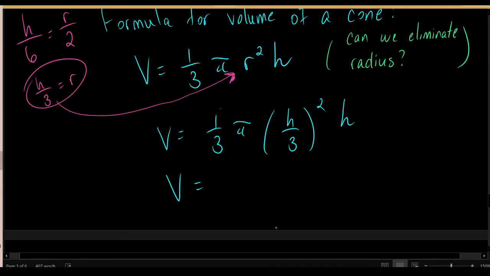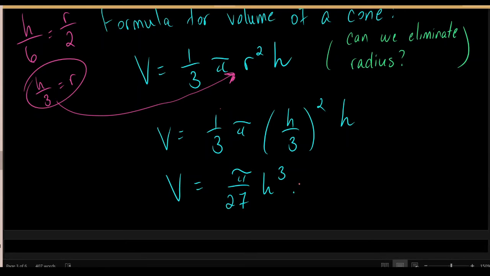After simplifying this, we get, I think, pi over 27 h to the 3rd power. Now we have a formula relating h and V, which doesn't contain any other quantities that aren't important for our problem. It only contains h and V.